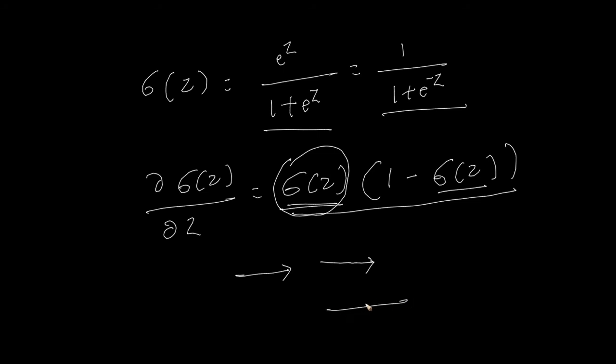That means we compute, if the activation function is sigmoid, we compute sigma of z. Now in the back propagation phase, we need to compute the derivatives. We need to compute a lot of derivatives of the activation function, right?